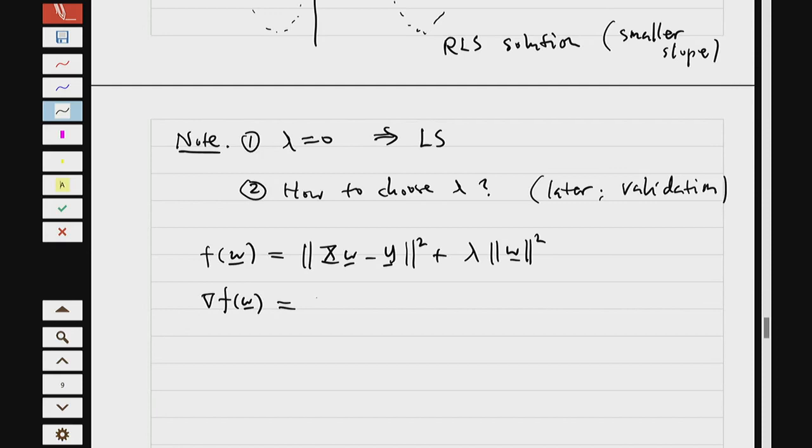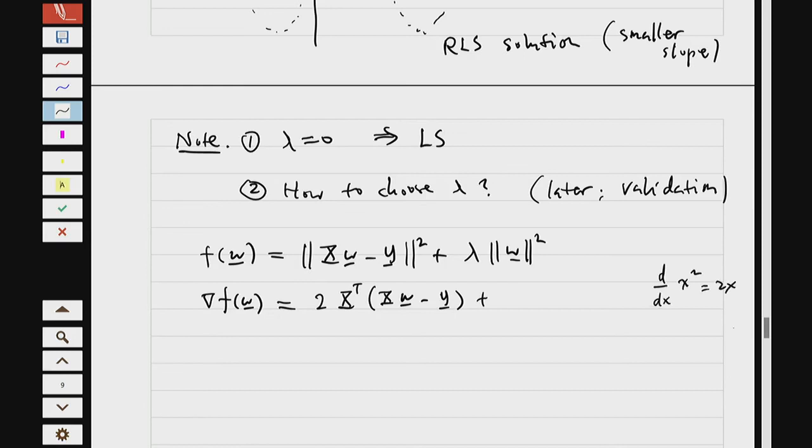The first term is the same as before, 2 X transpose. And then the second term: the gradient of x squared, the derivative, is 2 times x.